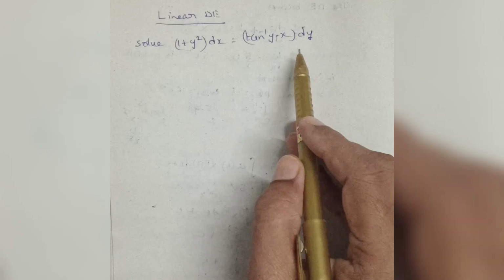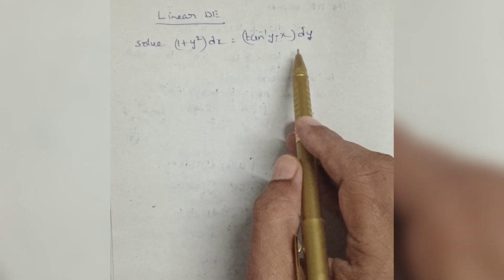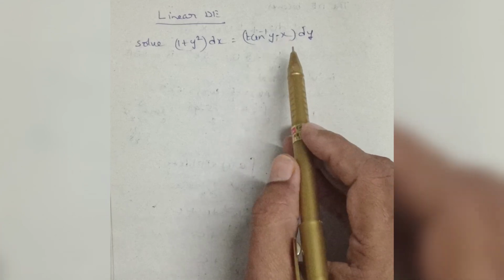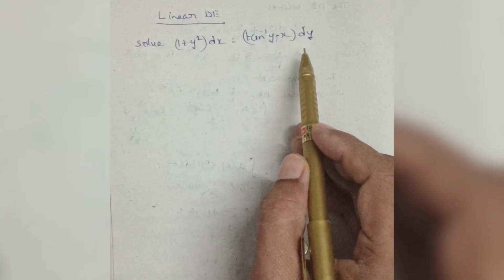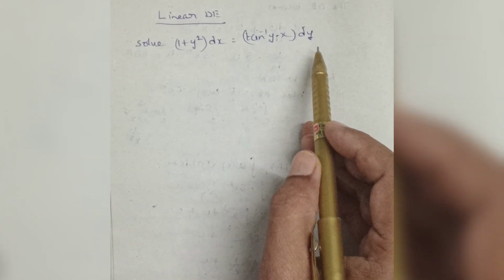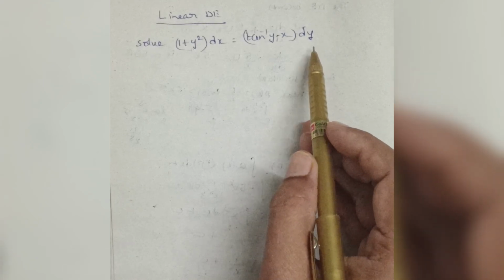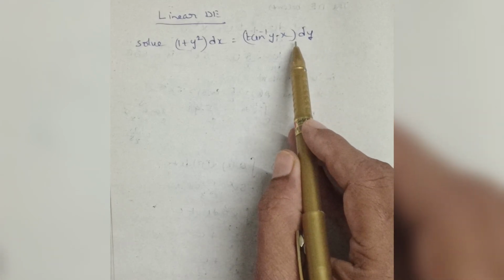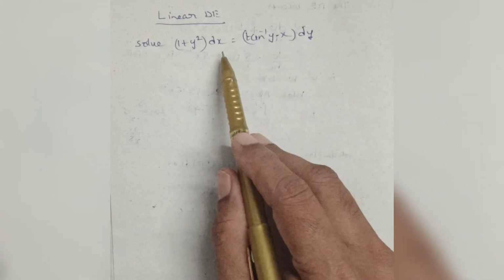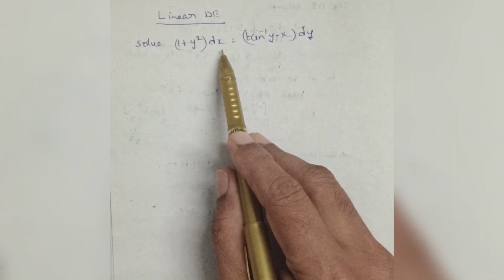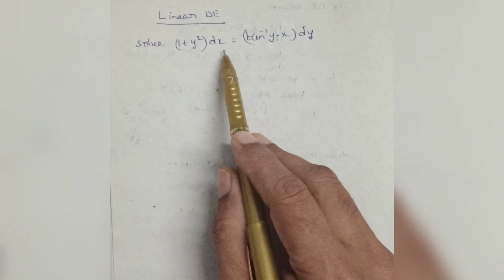Actually, dy by dx plus p of x y power 1 equal to q of x is a linear DE in y with respect to x, but here, reversely, it is a linear DE in x with respect to y.